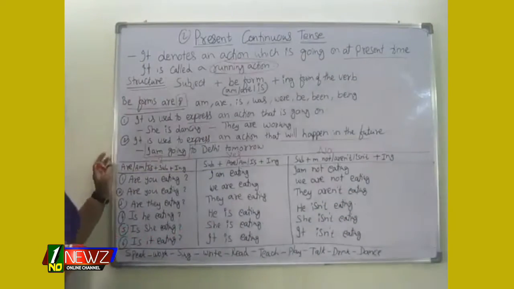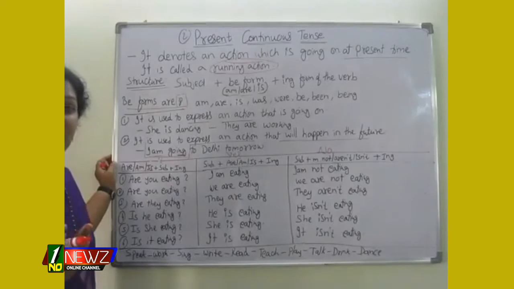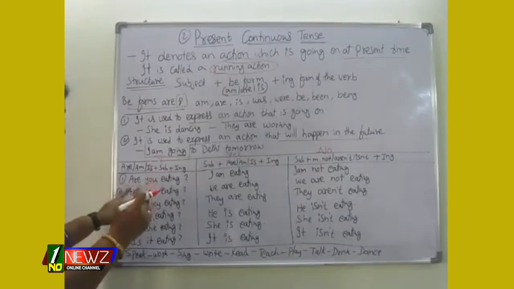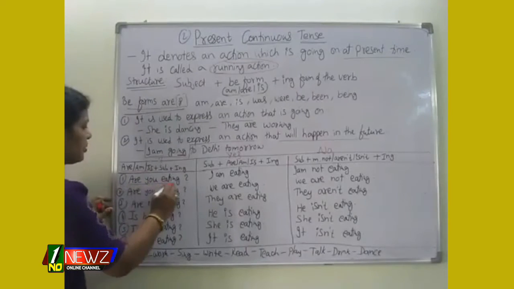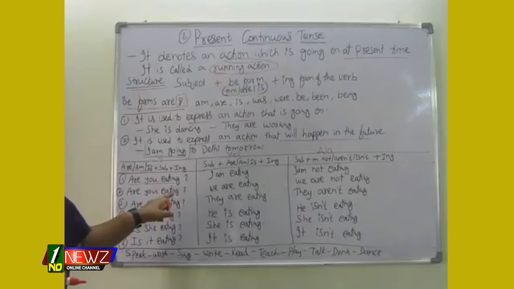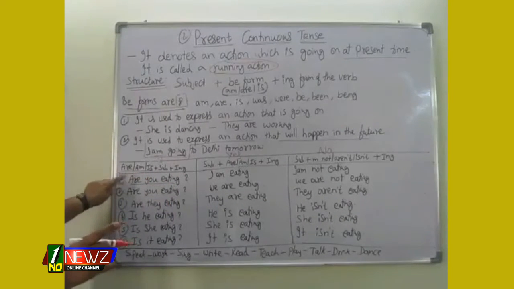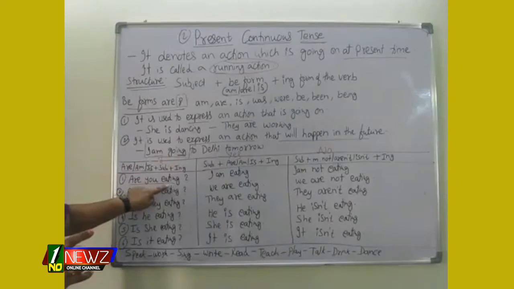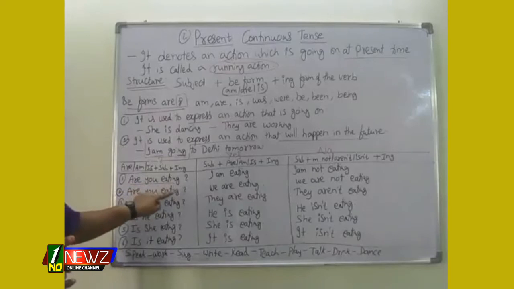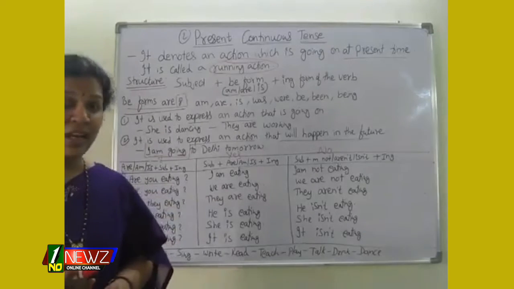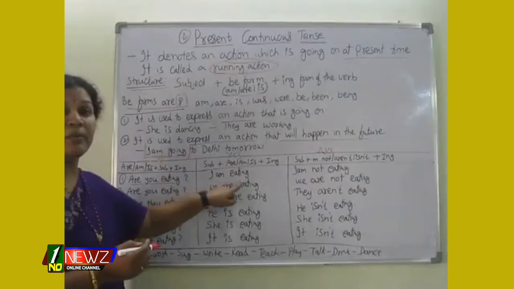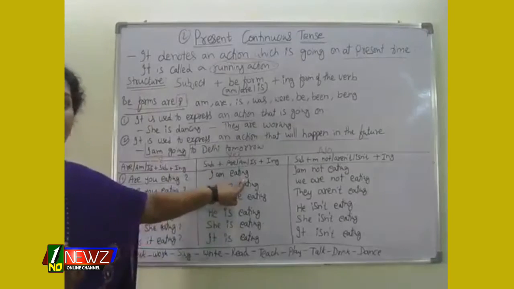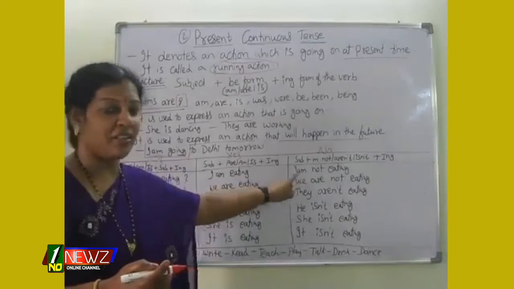Say, example: are you eating? Here R is be form, U is subject, ing form is eating. Are you eating? So if I want to say yes, I am eating. No, I am not eating.